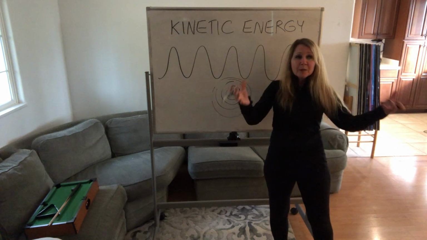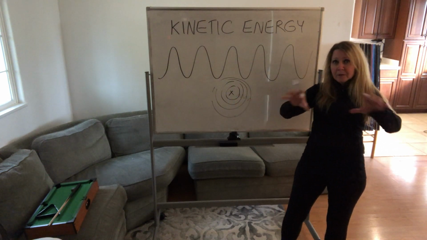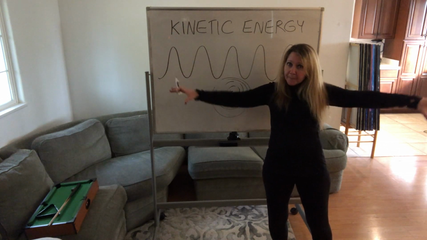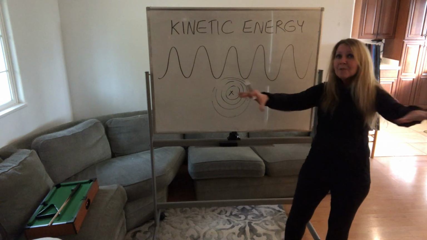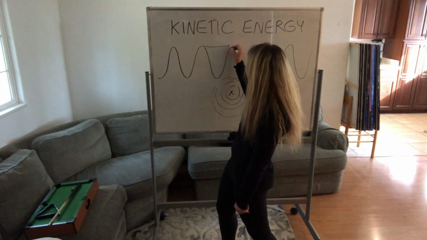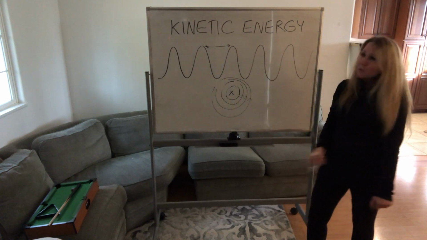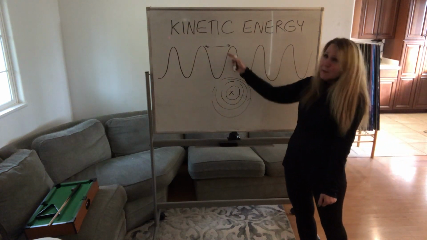If you think of throwing a rock in a pond, when the rock lands on the water, waves spread out. That's the way waves travel. Wavelength is the distance between the waves.